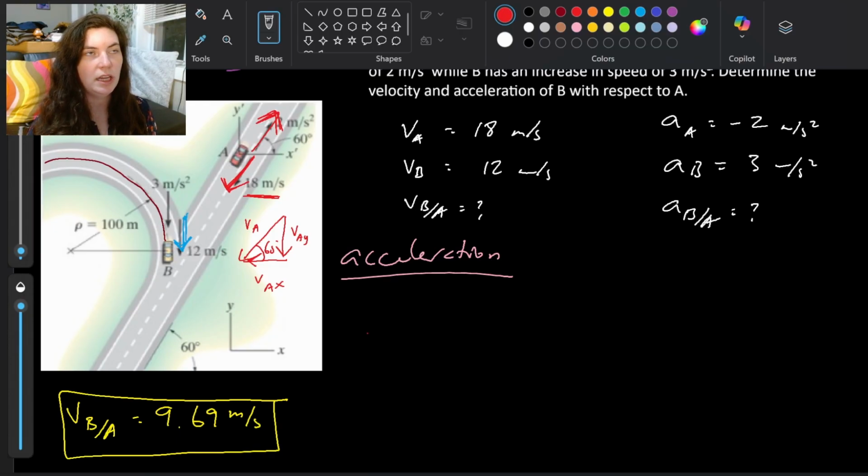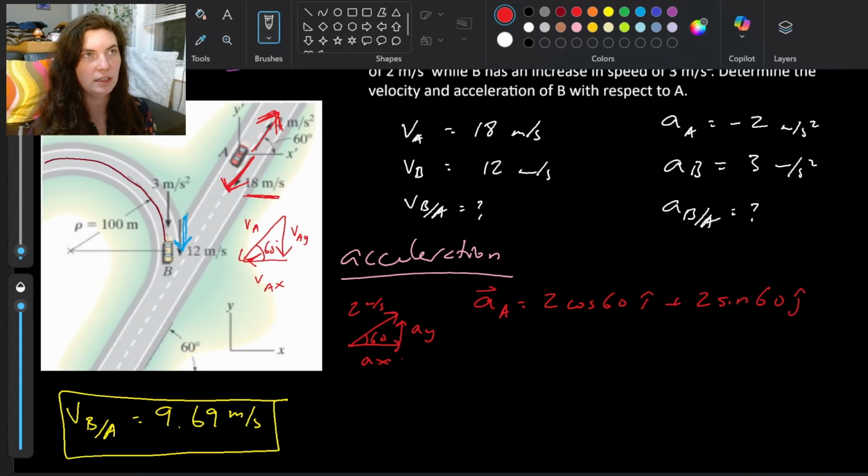But bear in mind, in our coordinate system, that deceleration of 2 meters per second squared is actually in our positive x and y. There's our 60, here's ay, here's ax, which means that the acceleration of car A, that vector, if we break it down, is going to give us 2 cosine 60 i hat plus 2 sine 60 j hat, where those signs are just coming from where we're oriented in the coordinate system.